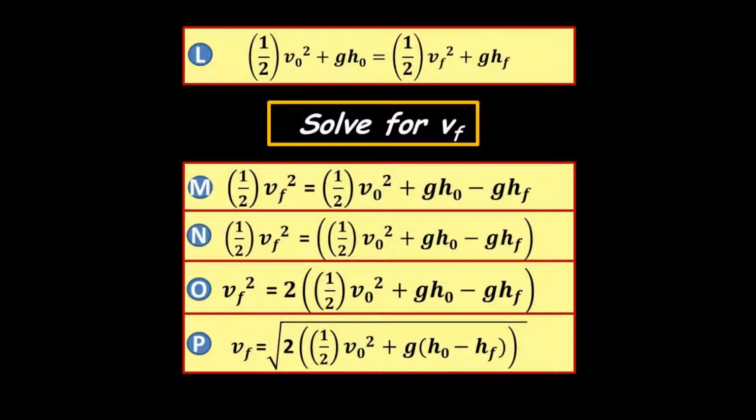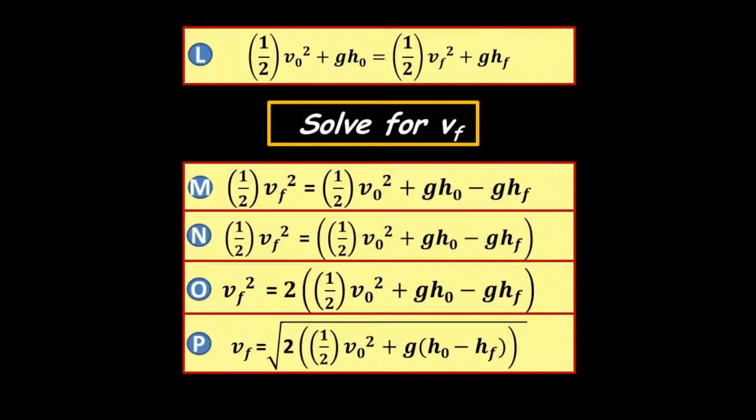Now, multiply both sides by 2, and I wind up with equation O. 2 times the quantity, 1/2 V naught squared plus G H naught minus G HF.